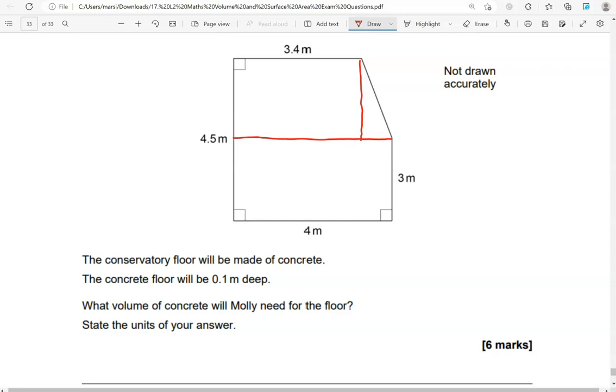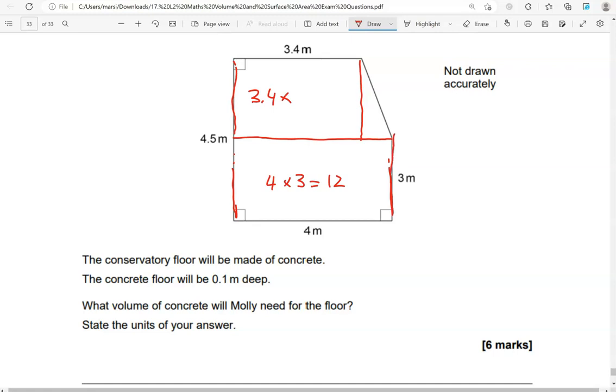So this one here will be 4 times 3, which is 12. This rectangle here will be 3.4 times this length here, which I can work out by doing 4.5 take away 3.